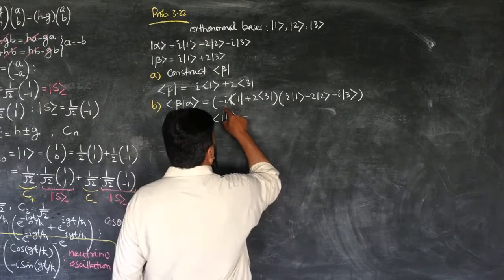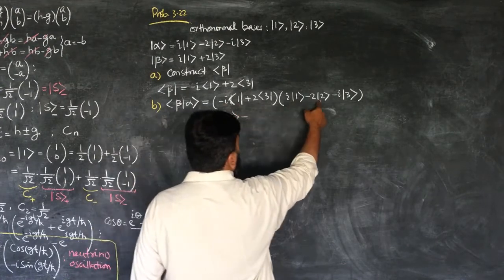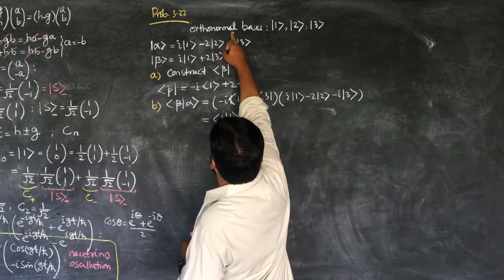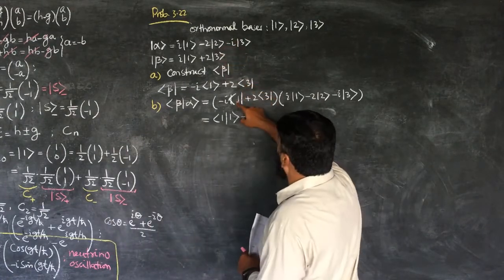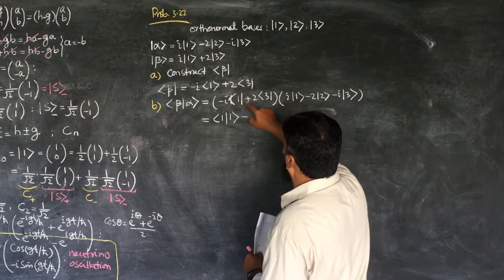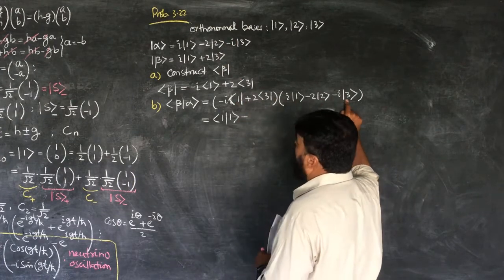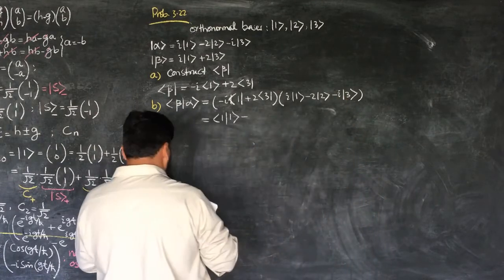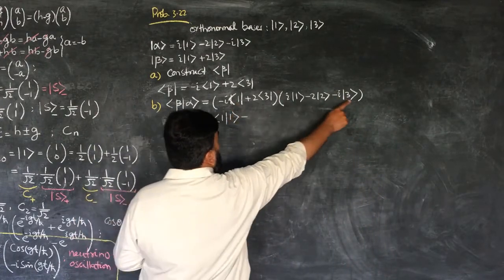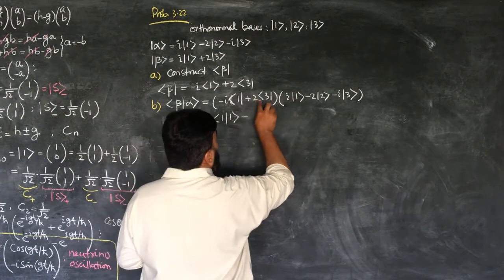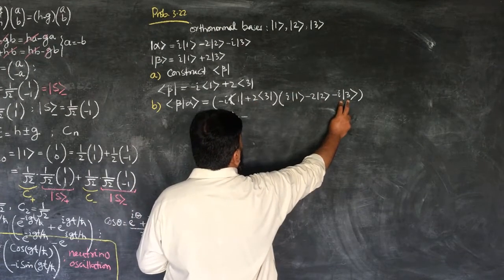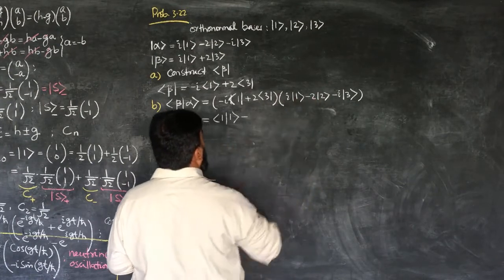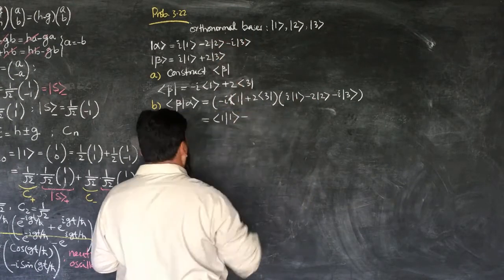Similarly, we will have minus i with this. I know that these are orthonormal bases, so <1|2> and <1|3> will give me 0, and for the rest of the terms it is equal to 0. Only <3|3> will give a result, while this with |1> and |2> will give 0 due to the orthonormal nature.